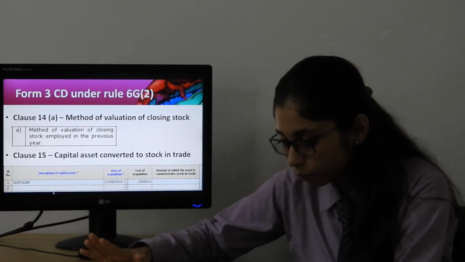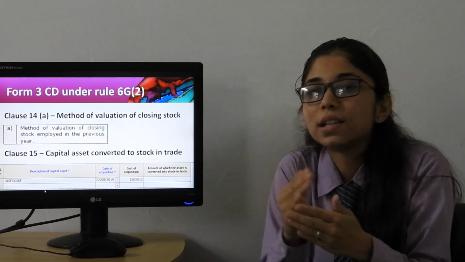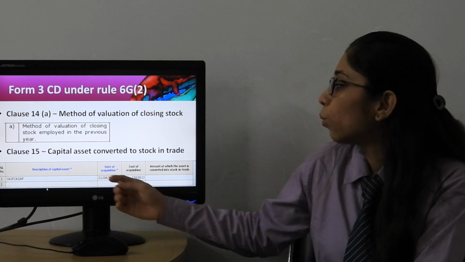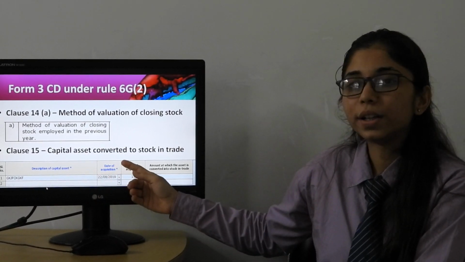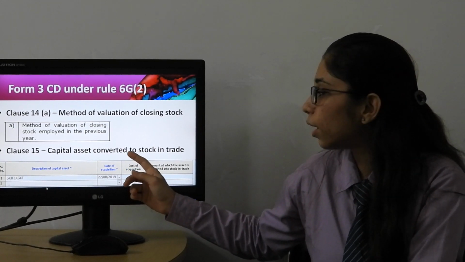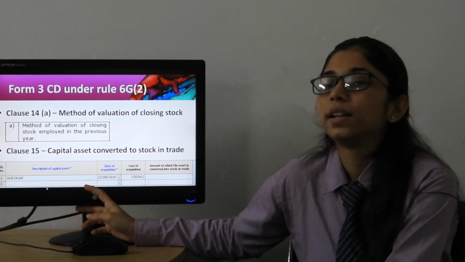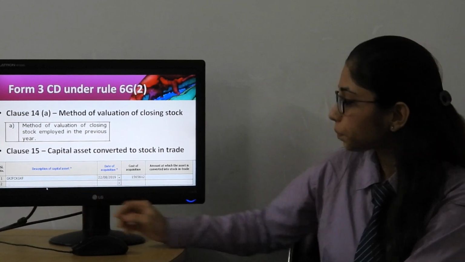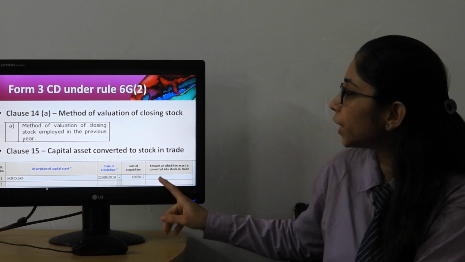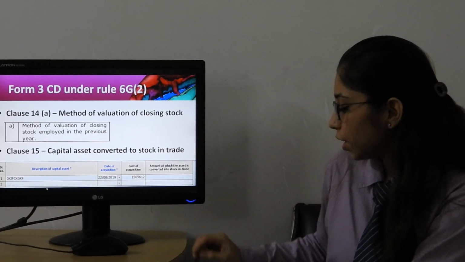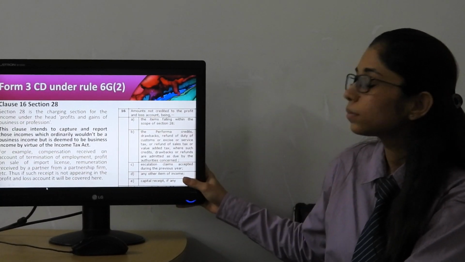Now, sale includes transfer and conversion. So ultimately, capital asset converted means it is sold, so this will attract income from capital gains. The details of such income you need to mention here in clause 15 of Form 3CD.